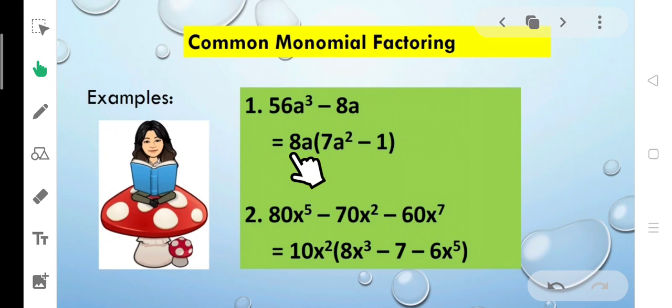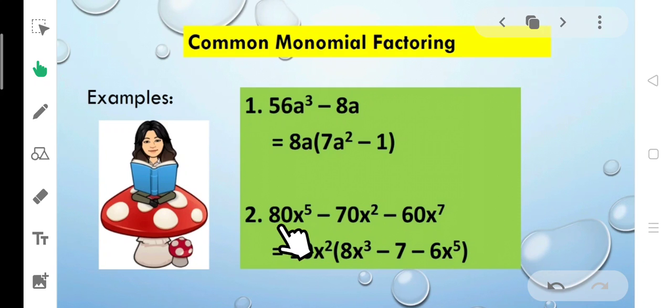So the factors are 8a and the quantity of 7a squared minus 1. Another example, 80x to the 5th power minus 70x squared minus 60x raised to the 7th power.